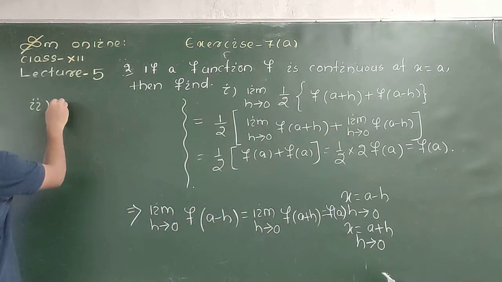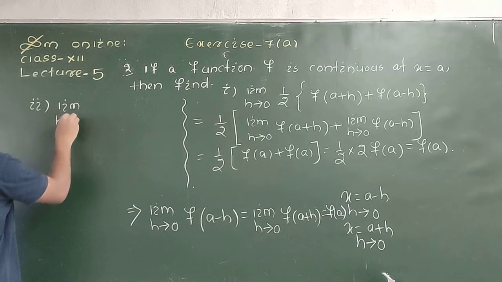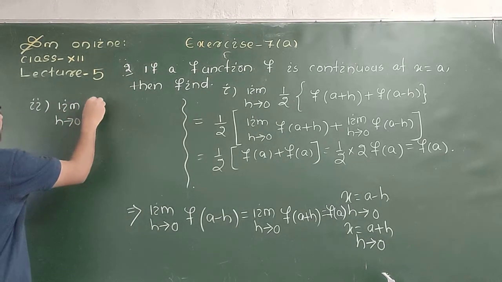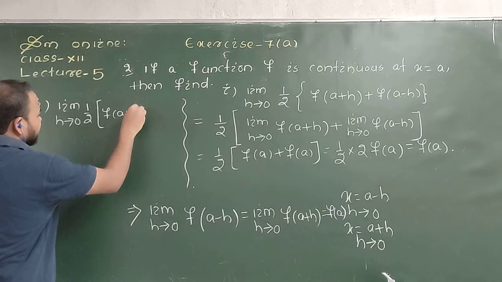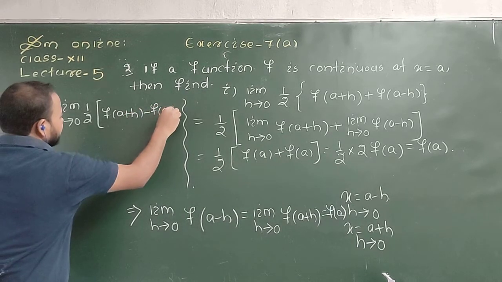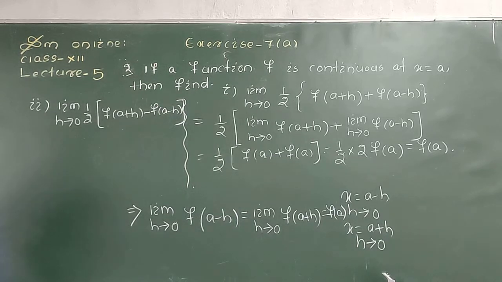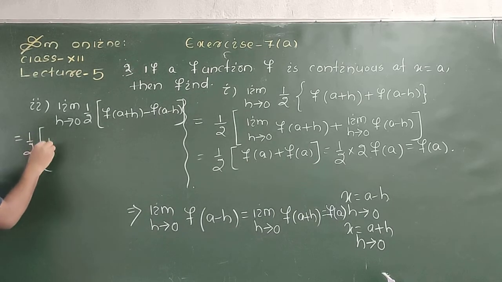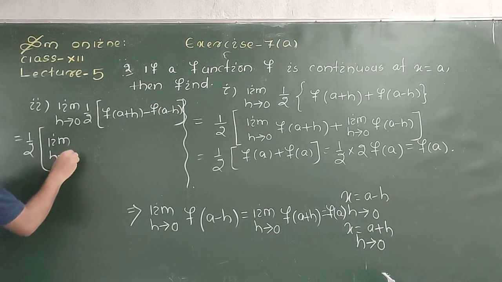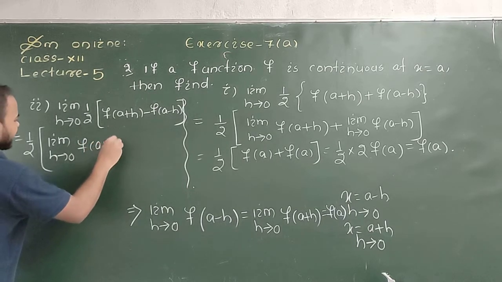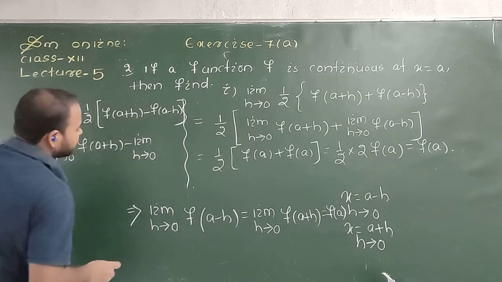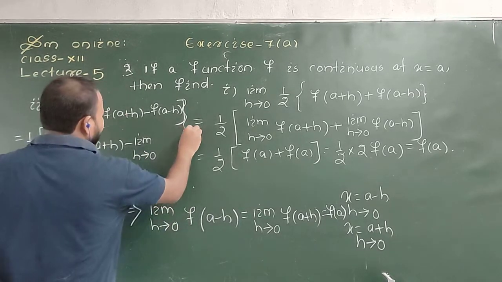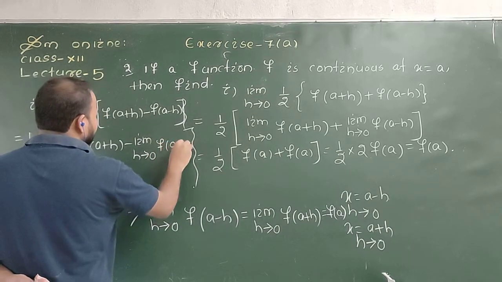That is limit h tends to 0 half into f of a plus h minus f of a minus h. Again separating, half into limit h tends to 0 f of a plus h minus limit h tends to 0 f of a minus h.